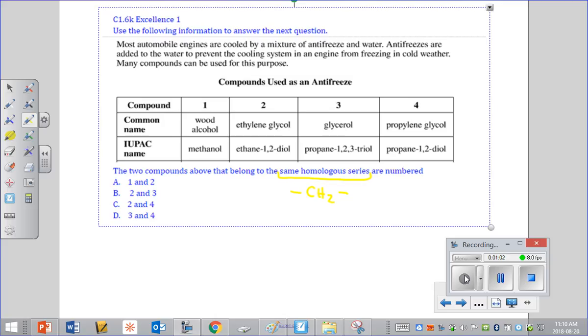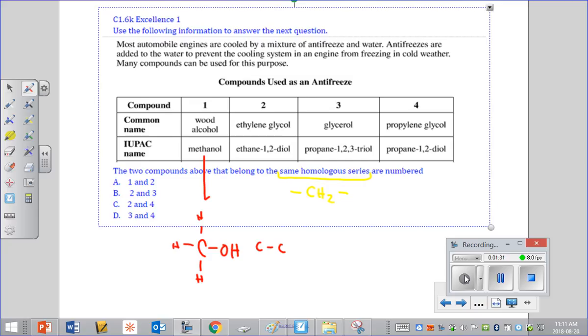So if I consider methanol, I'll draw methanol down here. Methanol, because meth means one, would have one carbon in the parent chain, would have our OH group, and then 3 hydrogens bonded to it. If I consider ethane 1,2-diol, eth means 2, so I have 2 carbons in my parent chain.